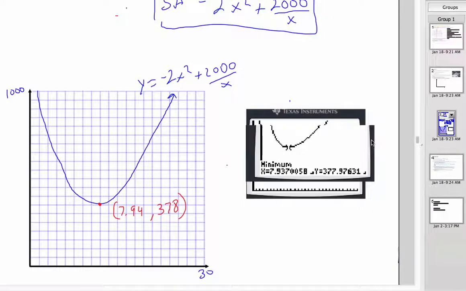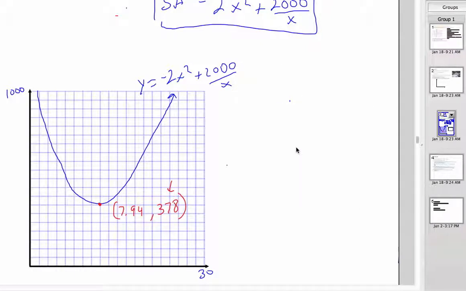So it looks like the minimum surface area is 378, but the question asks for the dimensions that give the minimum surface area. So that means what are the length, width, and height of the cuboid. So that's the x value right there. So the x value is 7.94, and that gives you your minimum surface area.